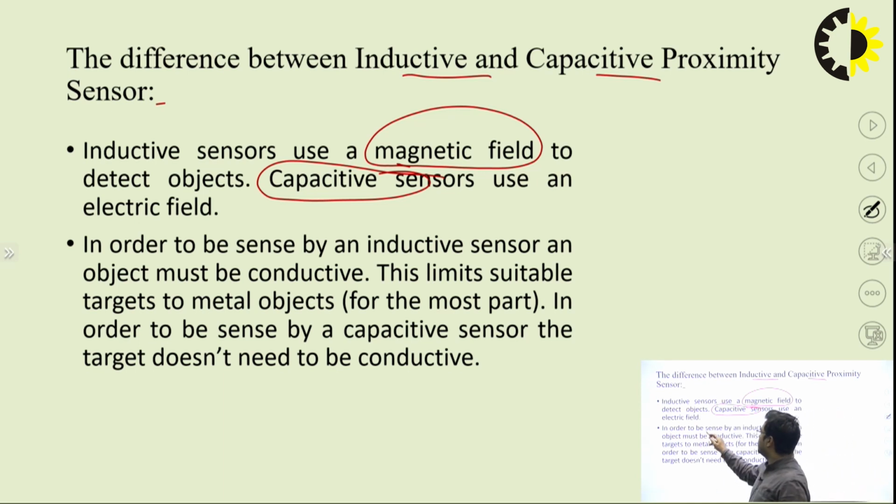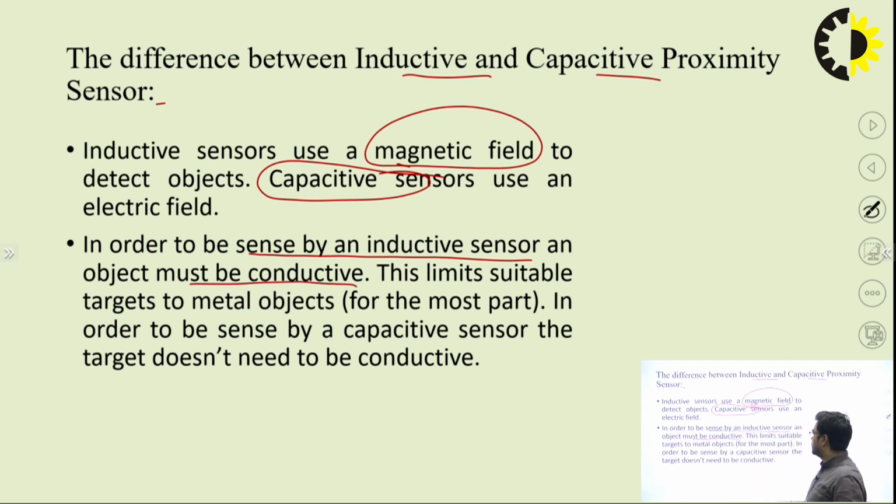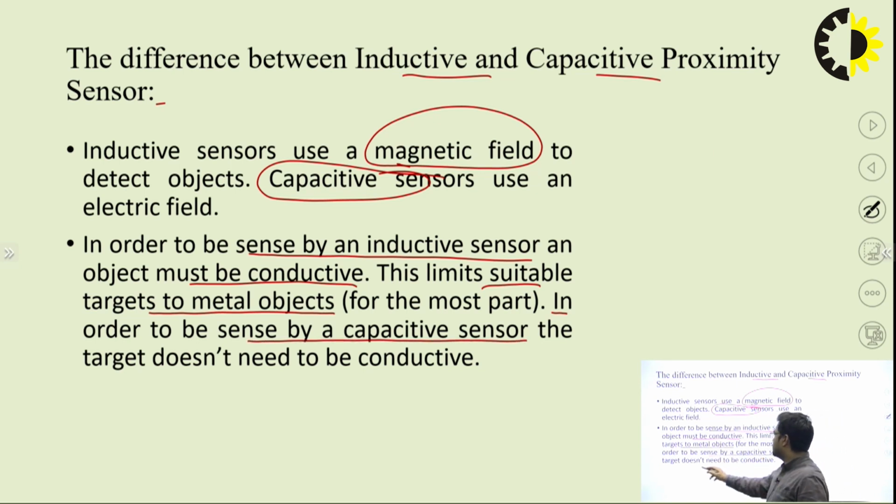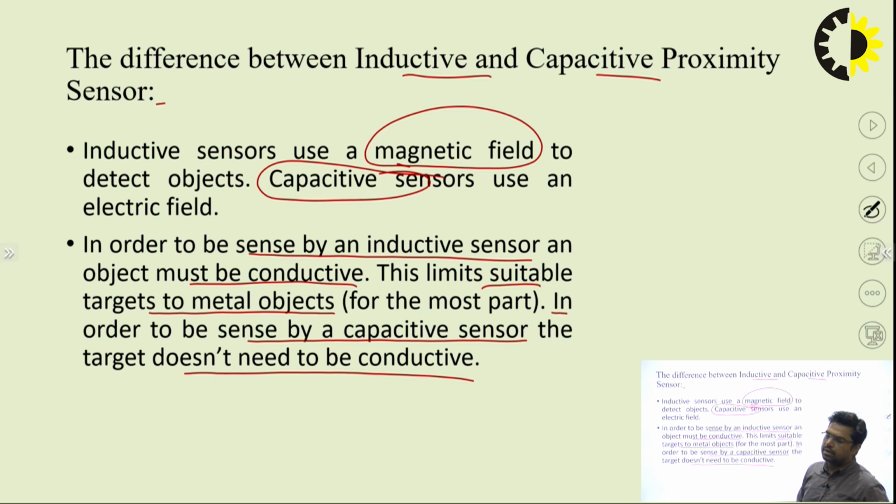In order to be sensed by an inductive sensor, an object must be conductive. This is obvious. It is suitable only for metal targets. In order to be sensed by a capacitive sensor, the target does not need to be conductive.